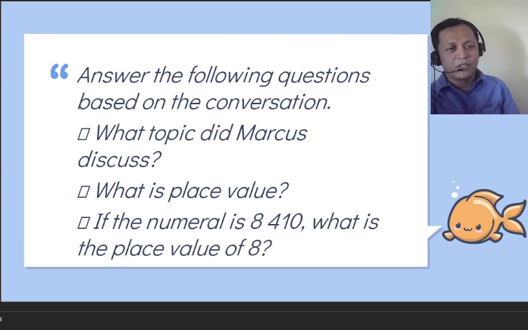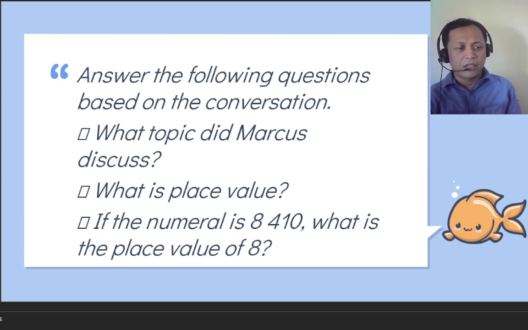What is place value? Anyone? Of course, right. Place value is the value that the number occupies in the place value chart. Lastly, if the numeral is 8,410, what is the place value of 8? The 8, okay, very good.